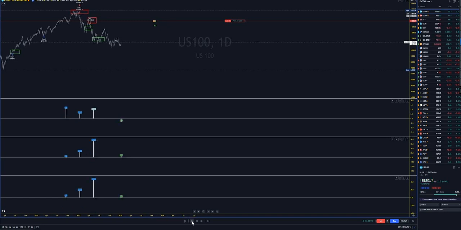Okay, now we close all our shorts. And from here at 10,600, we have the buy signal for NASDAQ.